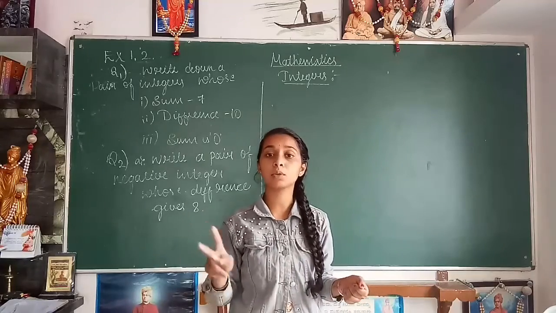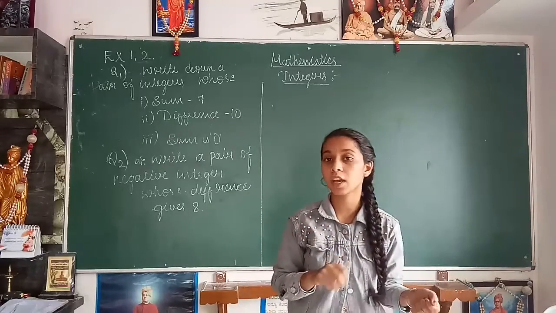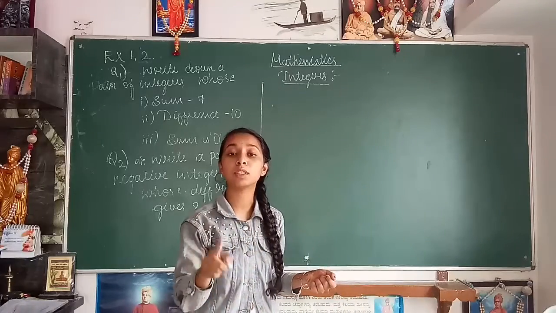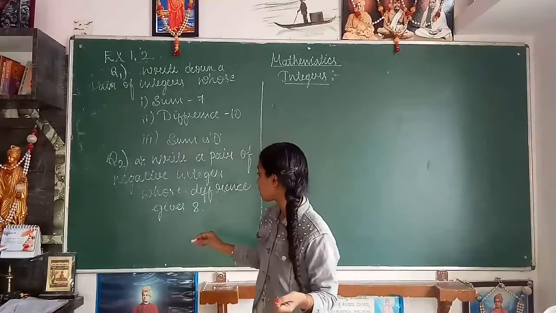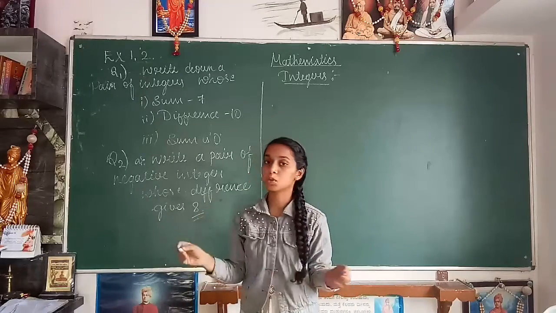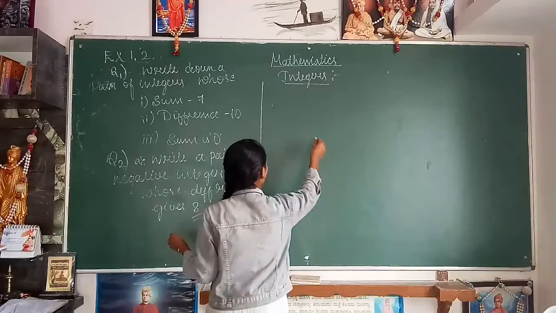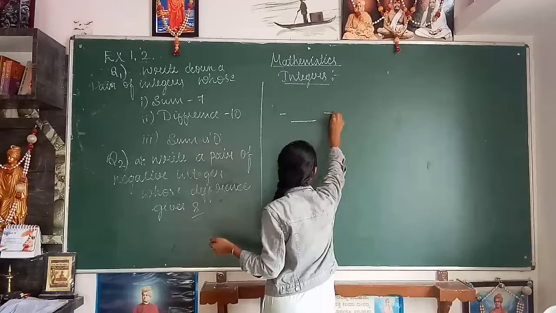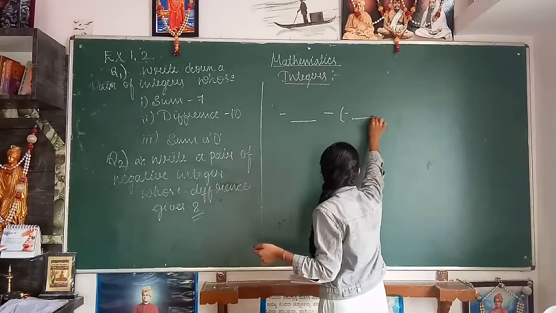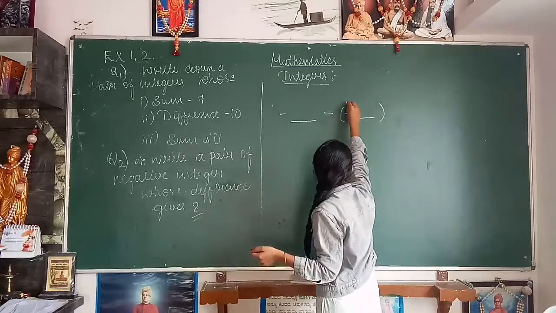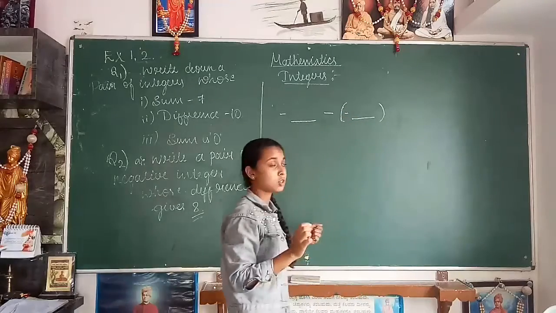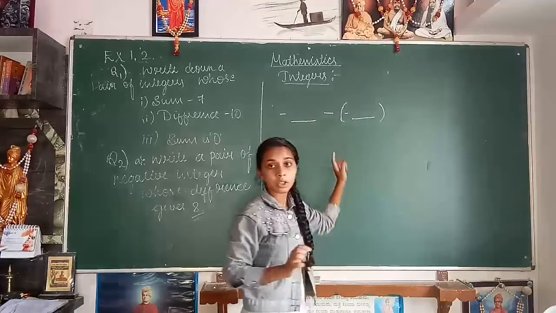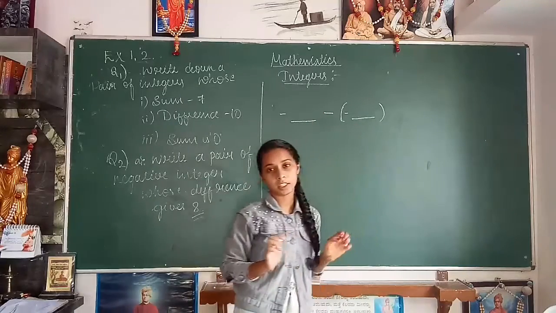That means we have to find the difference of any two negative integers, but the difference we find should be 8. So for example, we take two negative integers. Why have I written minus of minus here? We know it is a negative integer, and it is the difference, and the other is also a negative integer.